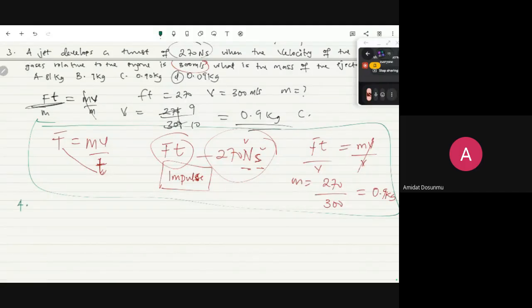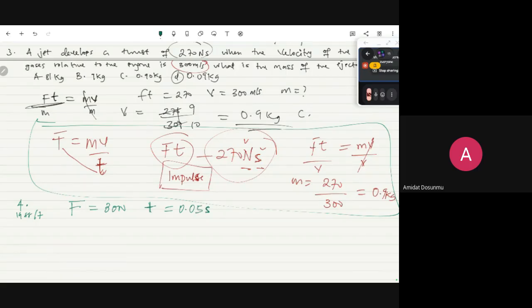So question 4, this is 1988, question 7. When taking a penalty kick, a footballer applies a force of 30 Newton for a period of 0.05 seconds.